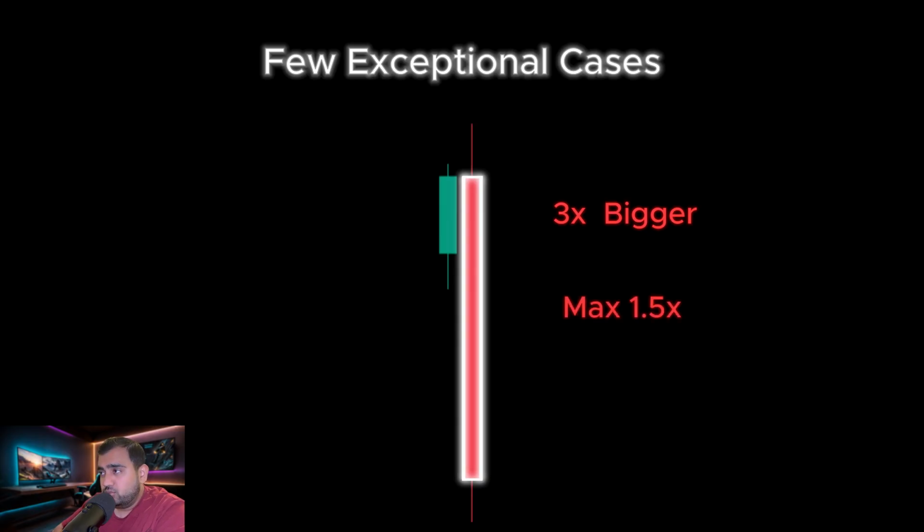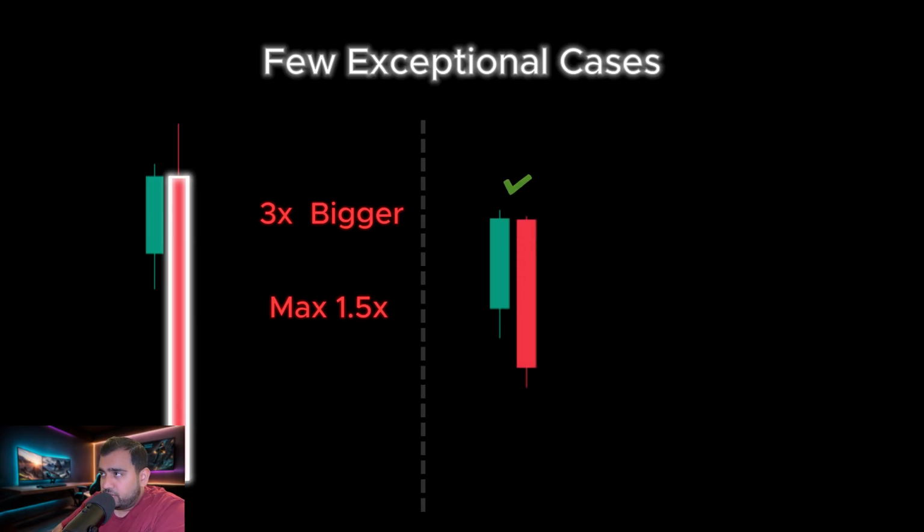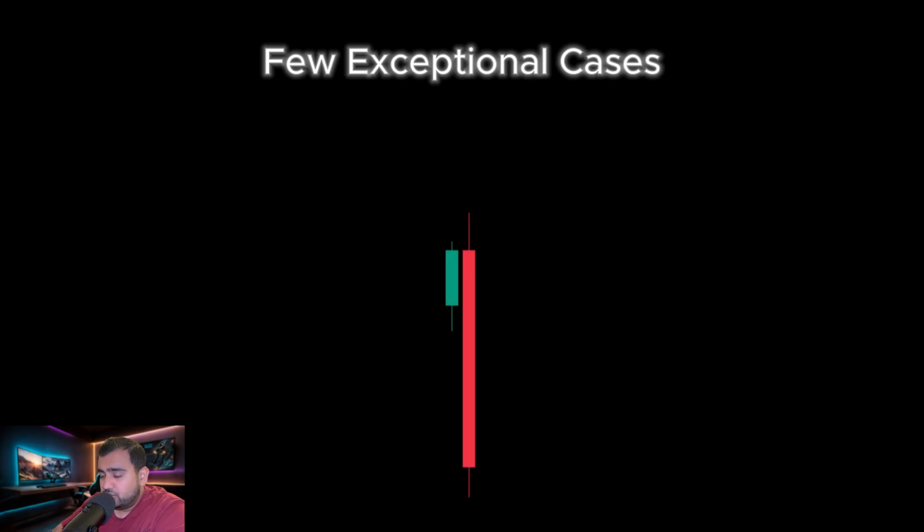I prefer to use it only when the size of the red candle is 1.5x, or maybe 2x maximum, not more than that. In that case, it's quite a lot. This example is right and also valid because the red body is not too big. So I will not consider the other one as a valid engulf pattern.